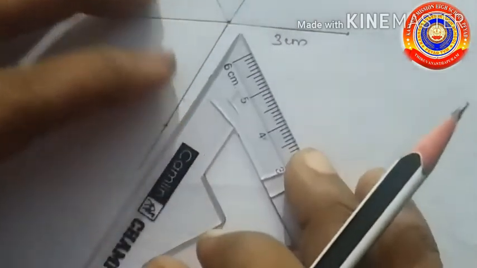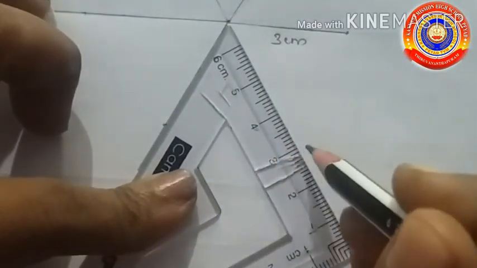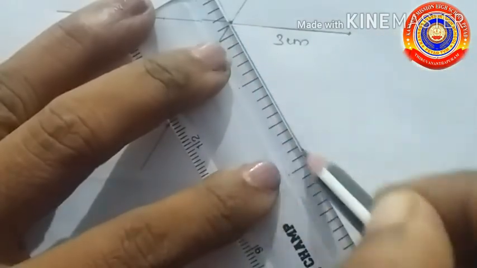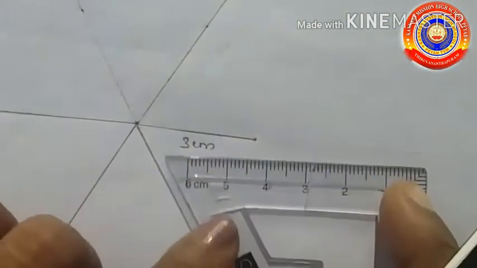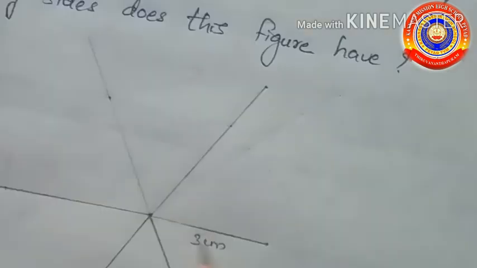Then draw a line joining these points. Then repeat the process. Now we have drawn the lines.